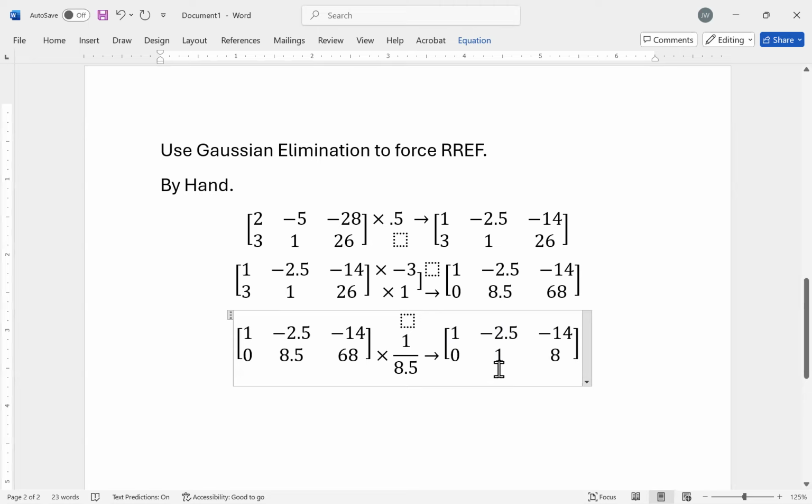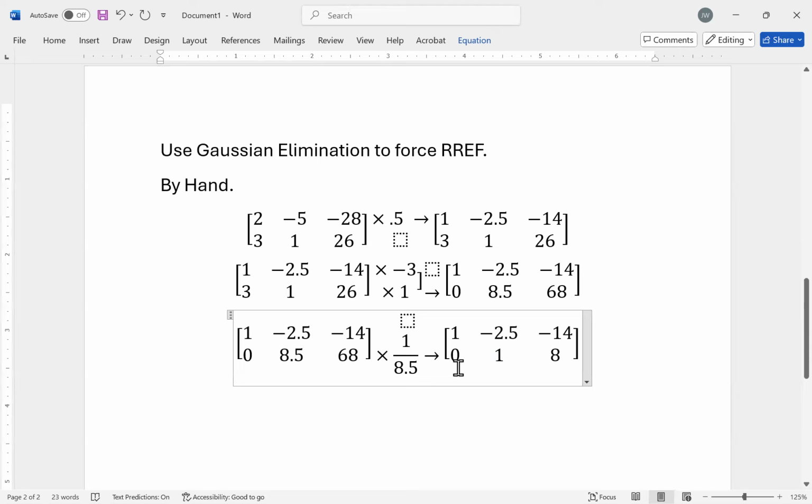Now this 1 is a pivot position, so I want to create a 0 above it. So I'm going to do that by multiplying the second row by 2.5 and adding it to my first row.